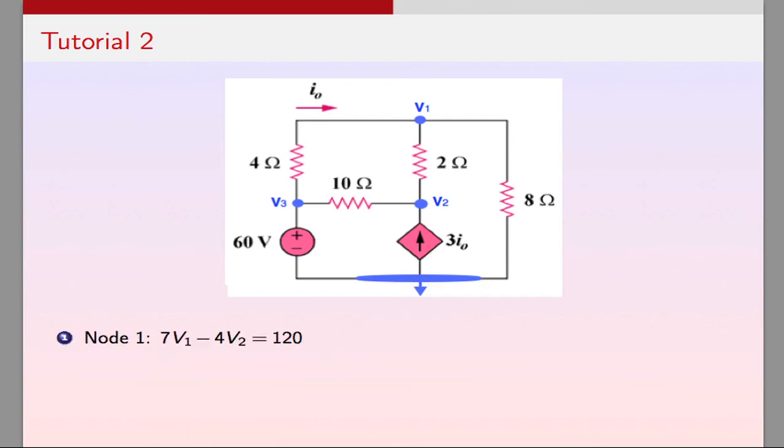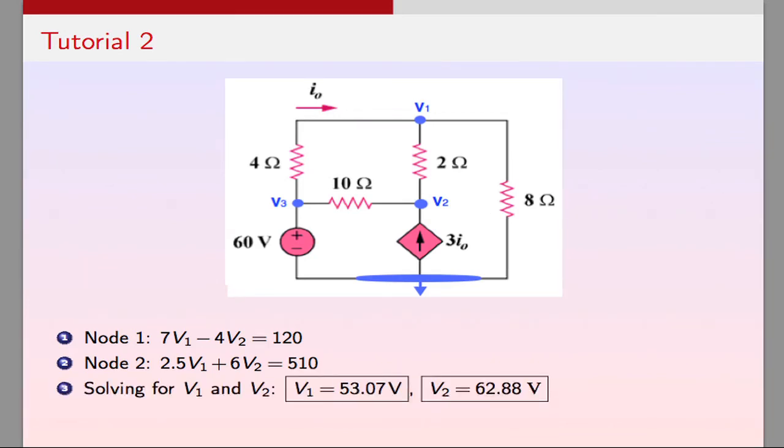This gives the following 2 simple equations, which after solving for V1 and V2 gives V1 equals 53.07 volts and V2 equals 62.88 volts. And finally, I0 is equal to V3 minus V1 over 4, and after substituting for V3 and V1, we have I0 is equal to 1.73 amps. And that's the end of this example.